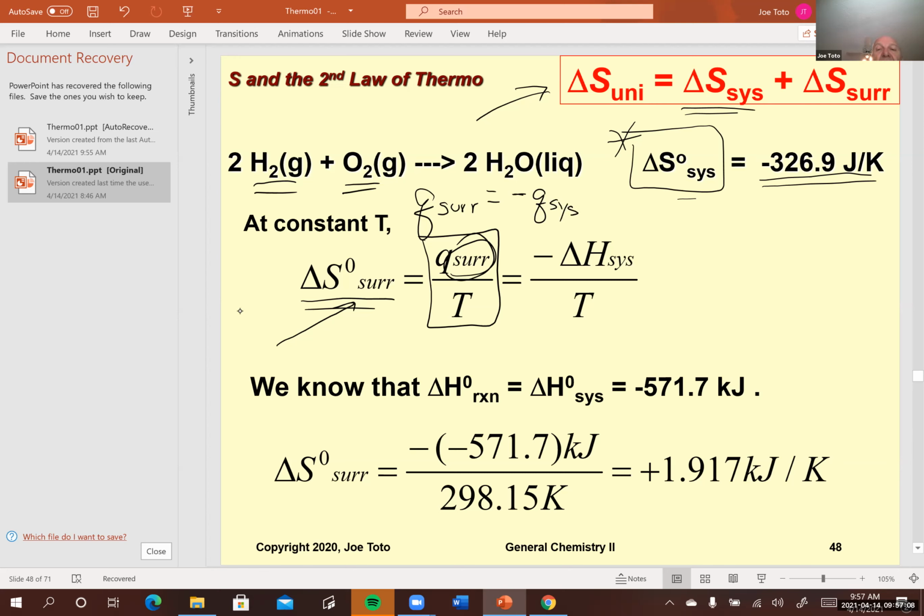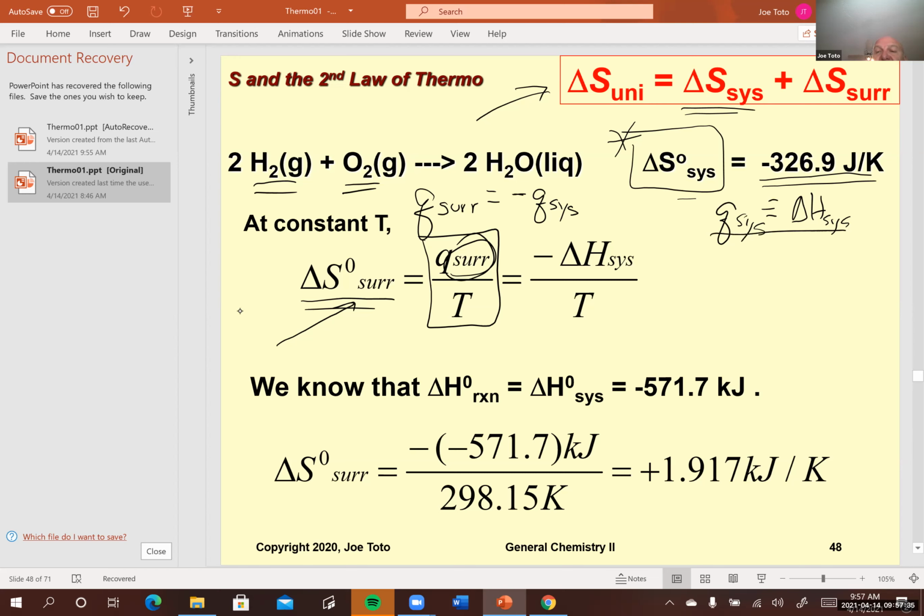And so I know that Q of the system can be related to delta H of the system under constant pressure conditions, which is again what we experience in the laboratory when we do experiments and the beakers are open up to the atmospheric pressure.